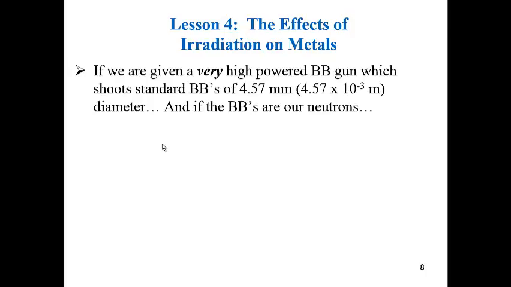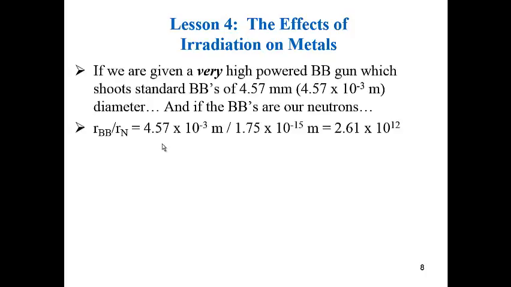So if we have a very high-powered BB gun, and if it shoots standard BBs, which are 4.57 millimeters in diameter, and if we picture those BBs as the neutrons we're shooting in a reactor at the metals that make up the reactor, we're looking at the radius of the BB divided by the radius of the neutron to give a ratio of a BB compared to an actual neutron of 2.61 times 10 to the 12th.